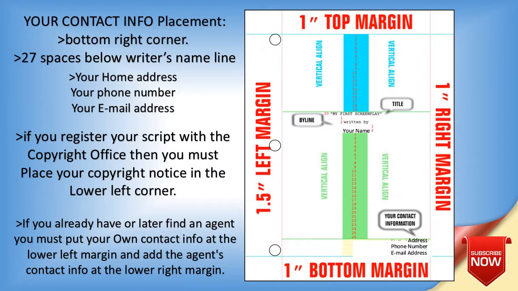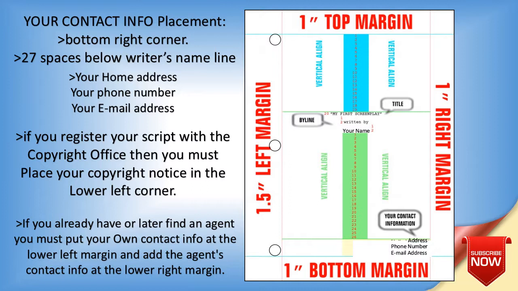Now, if you register your screenplay with the Copyright Office, then you must place your copyright notice in the lower left corner. Here's another option I just want to mention to you. If you already have or later find an agent, you must put your own contact information on the lower left margin.